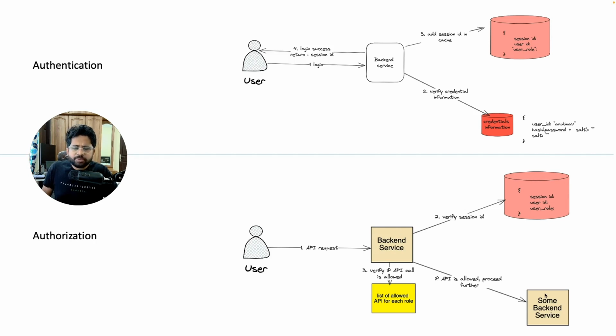Also, this works fine with a limited number of user roles. Let's say you have a few user roles like admin or user, or maybe payment admin, and you can define a bunch of roles for which APIs are allowed. Those things can be configured somewhere in a constant file, and you will be good to go.